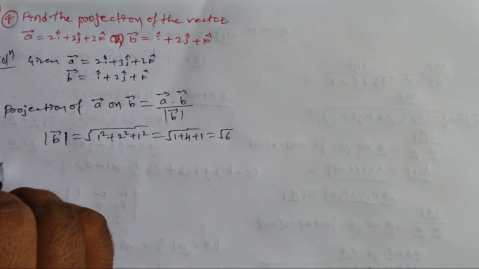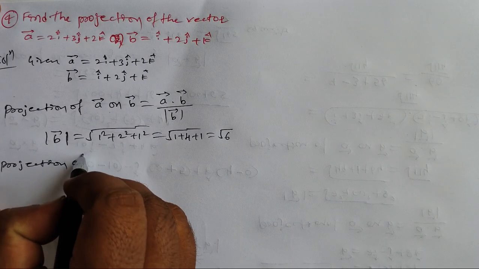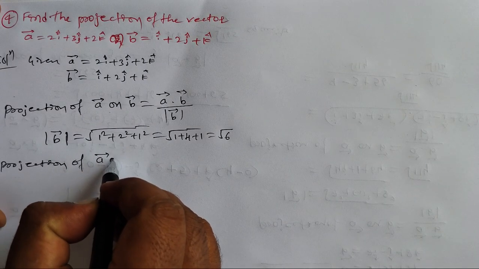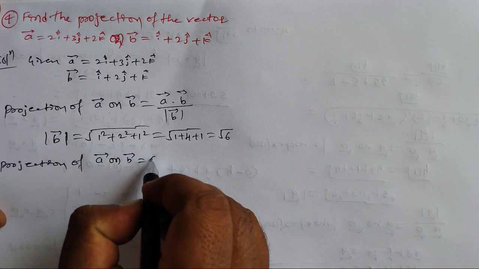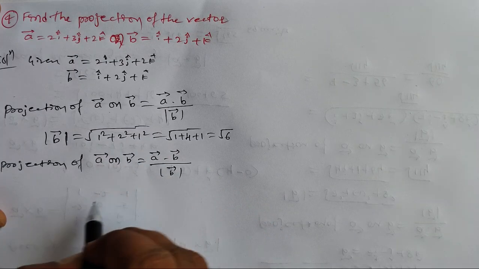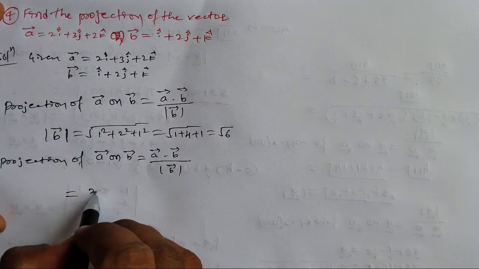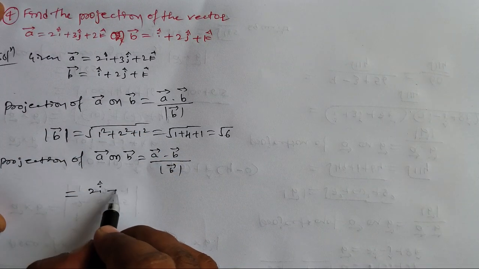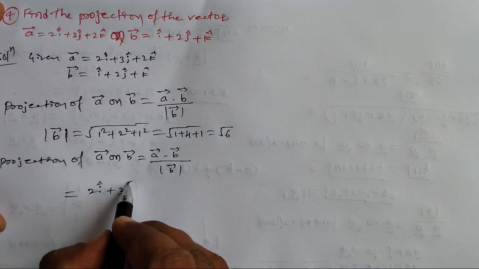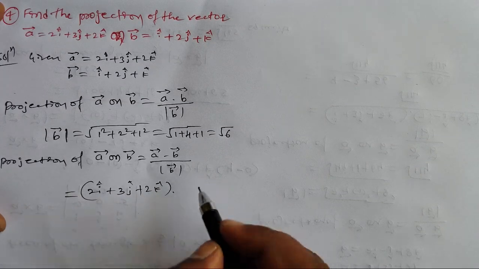Okay, next, the projection of A vector on B vector equal to A vector dot B vector divided by magnitude of B vector. Okay, write A vector first. What is A vector? 2i plus 3j plus 2k dot, what is B vector?